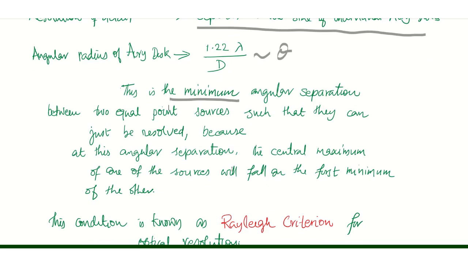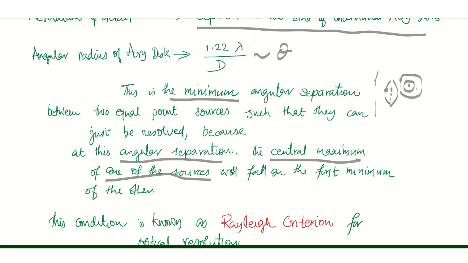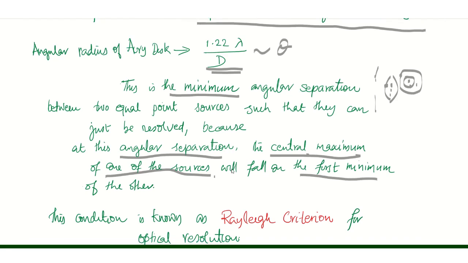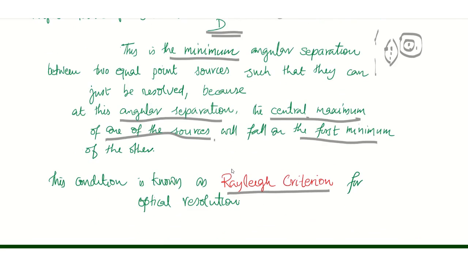But what happens if you have this situation? The central maximum at this angular separation, the central maximum of one of the sources, or each point in the lens forms an Airy disk, and it will have, let's say, this is your central maximum, this is your first secondary maximum, this is your first bright fringe, and if the angular separation is 1.22 lambda over d, then the central maximum of one of the sources will fall on the first minimum of the other, and that criterion is also called the Rayleigh criterion for optical resolution.